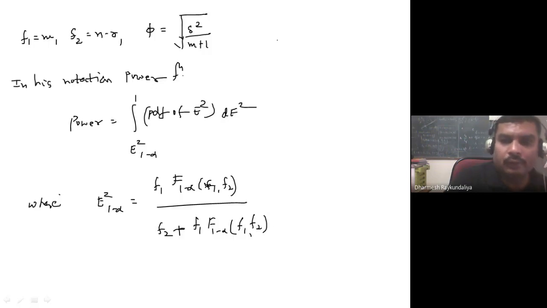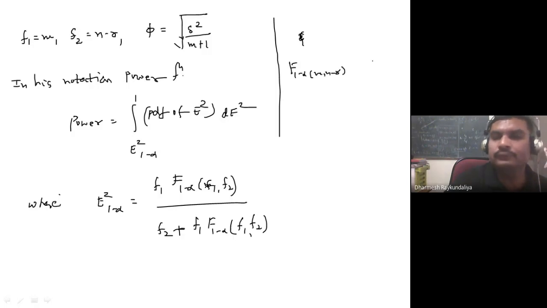See, you know this form, F 1 minus alpha m n minus r. So how is it usually obtained? It is obtained from SS at naught upon m divided by SSE upon n minus r. By obtaining this distribution, you can obtain this.